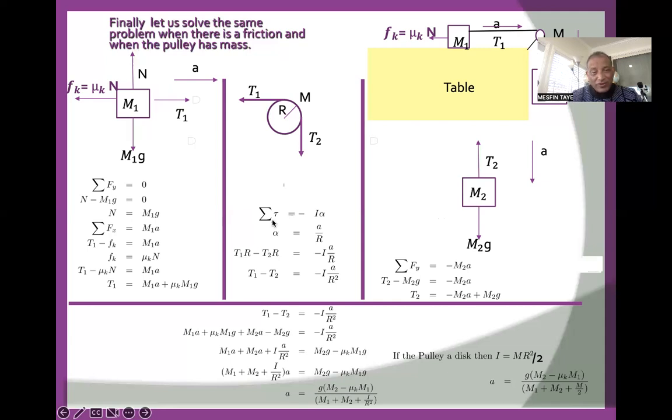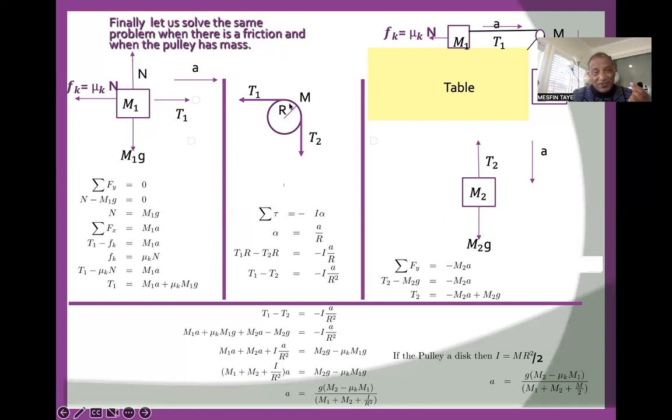And then the sum of the torque. Torque is a product of force times R times sine of theta. I discussed it in the third PowerPoint slides. Now, the force is T1 times R times sine of 90, and sine of 90 is 1.